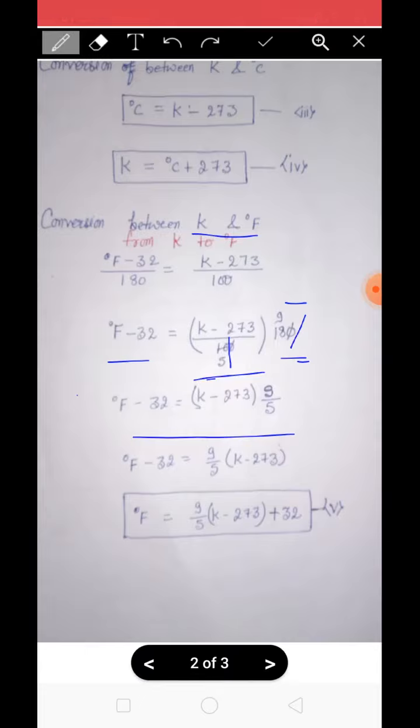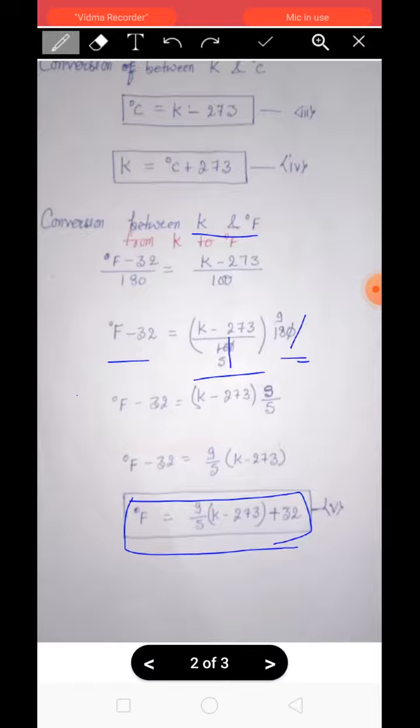Later on we will transfer this minus 32 to the second side. In this way it will become degree Fahrenheit is equal to 9 by 5 under bracket K minus 273 plus 32. So this is the formula that you can use to convert Kelvin into Fahrenheit.